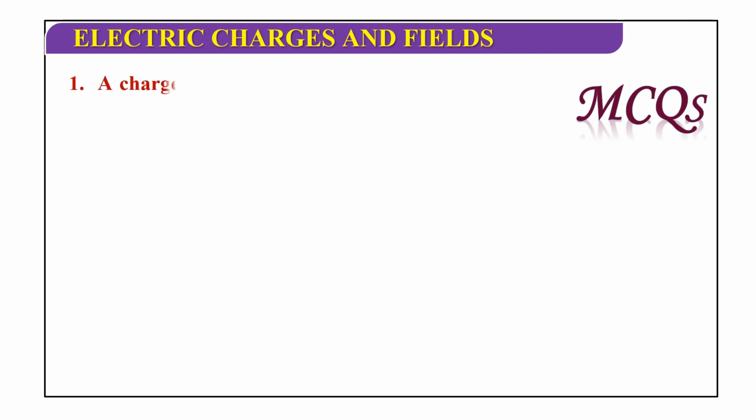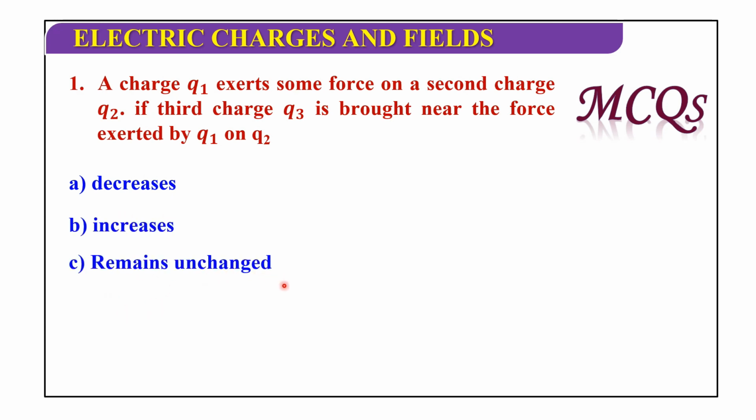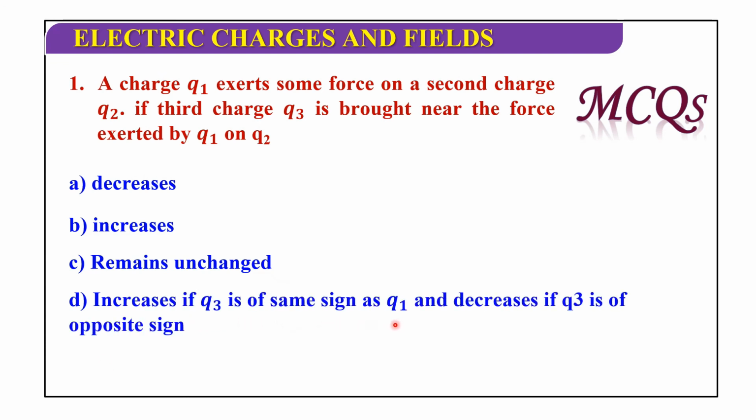Now discuss MCQs. First one: a charge Q1 exerts some force on a second charge Q2. If a third charge Q3 is brought near, the force exerted by Q1 on Q2 decreases, increases, remains unchanged, or increases if Q3 is of the same sign as Q1 and decreases if Q3 is of opposite sign.